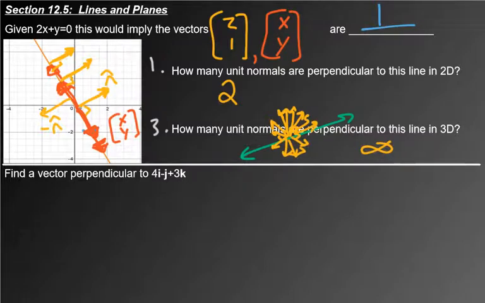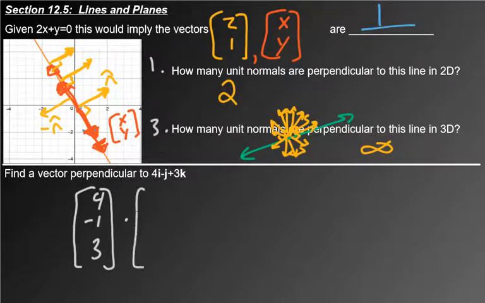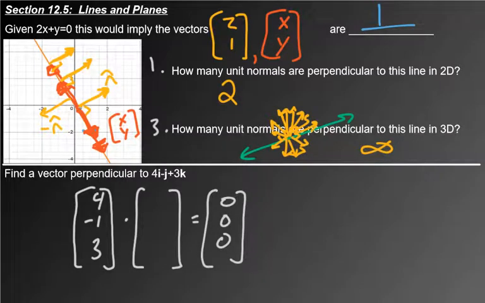So one last thing I want to show you is how to find something like a normal vector. If we have this vector -1, 3, and we want to craft a vector that is going to be perpendicular, we want the dot product with that other vector to equal 0.